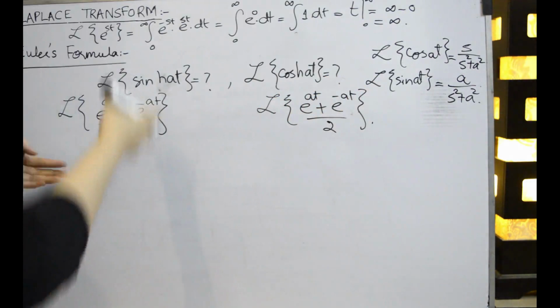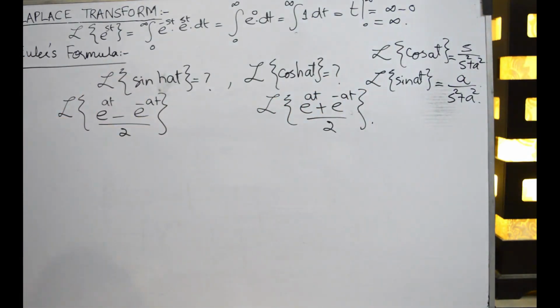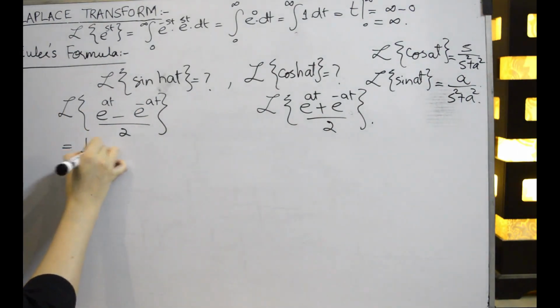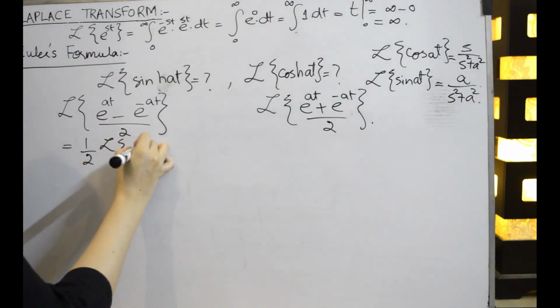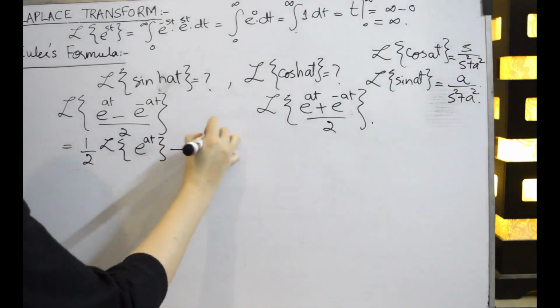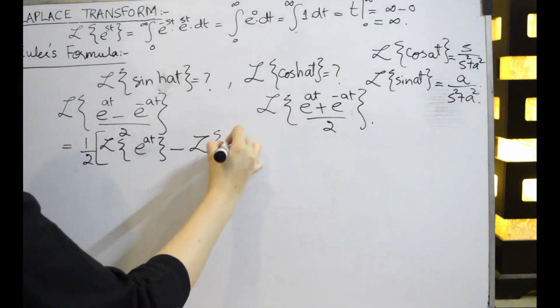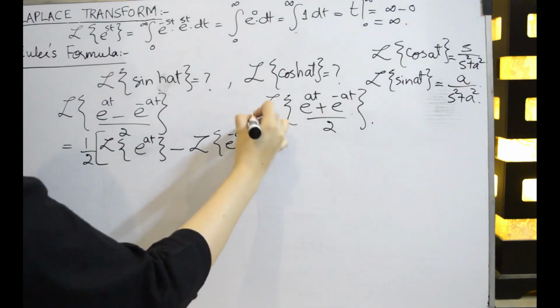I am just solving one, and you can solve the other on your own. Because Laplace is a linear operator, 1 by 2 becomes a constant and it can be applied term by term. So Laplace of e to the power at minus Laplace of e to the power minus at.